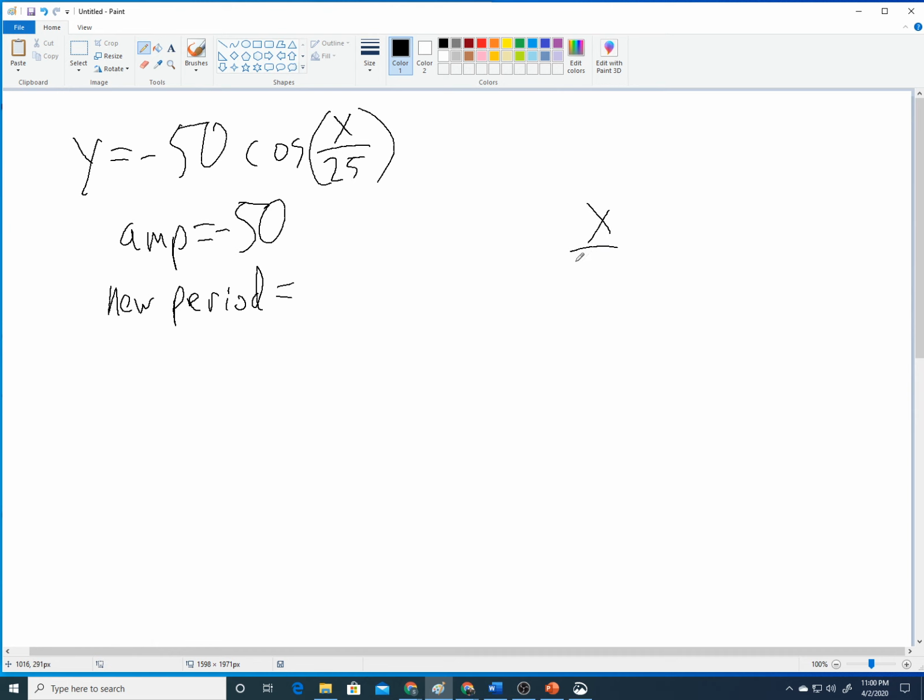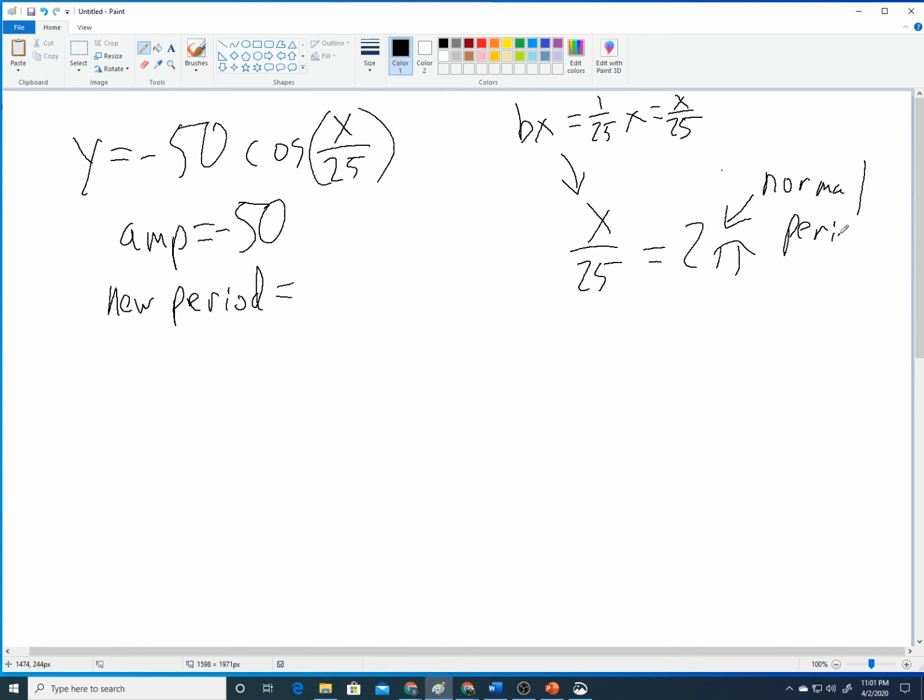I'm going to take x divided by 25 and set it equal to the normal period. So remember, this right here is bx. Now it turns out that my bx is 1/25 times x. It is okay to write that as x over 25. That is how fractions work. This right here was my normal period of cosine.